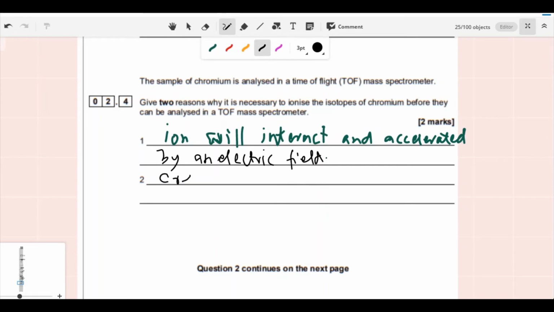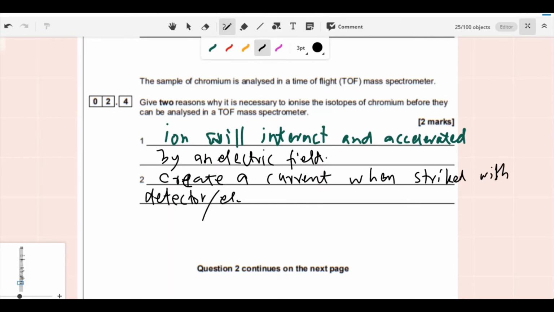Another name for the detector is the electron multiplier. Alright, so that is the answer of 2.4.